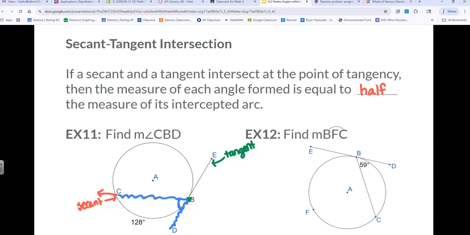These work just like inscribed angles, right? So the arc that goes with this would be this arc right here. And they work just like inscribed angles, so if that arc is 128, we're just going to do 128 divided by 2, and we'll get 64 degrees right there.